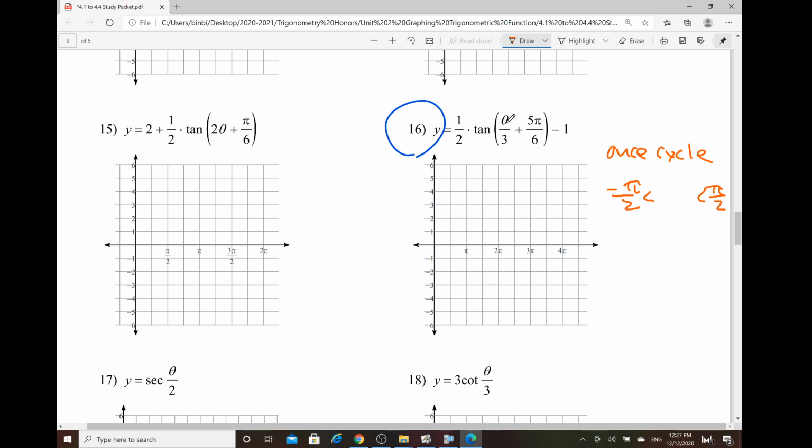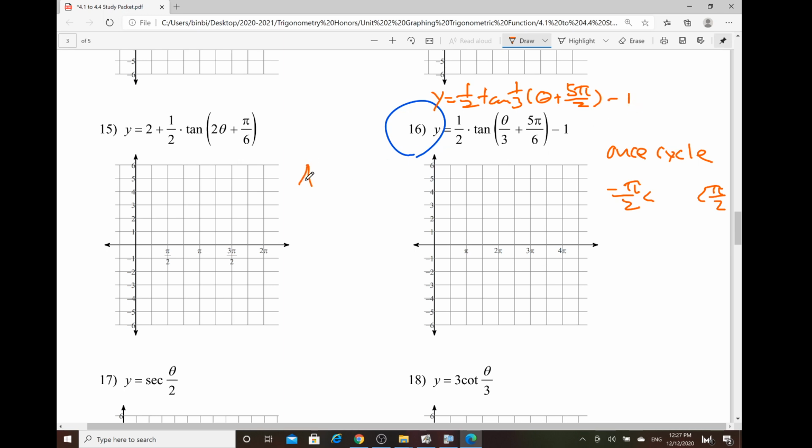And then this one, you probably want to rewrite it as y equals 1/2 tangent of 1/3 times theta plus 5 pi over 2. Again, since we take out 1/3, what's left here is multiplied by 3, so we got 5 pi over 2. So 1/3 times 5 pi over 2, 5 pi over 6, minus 1.